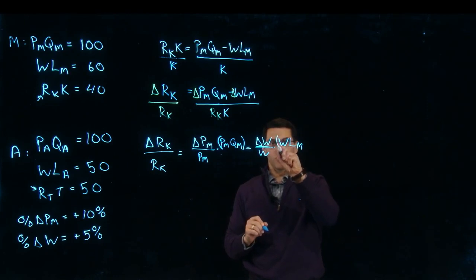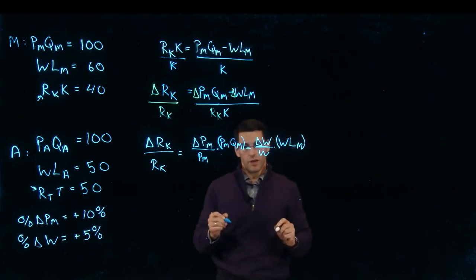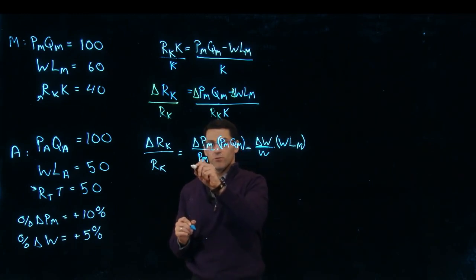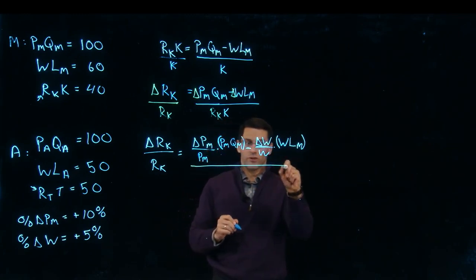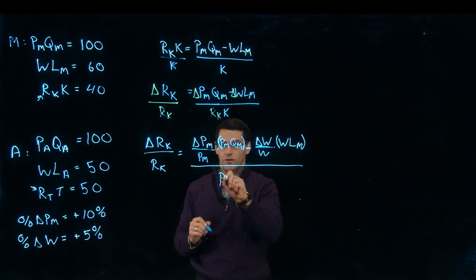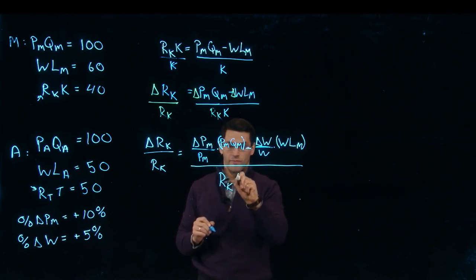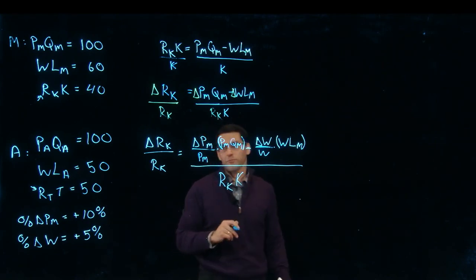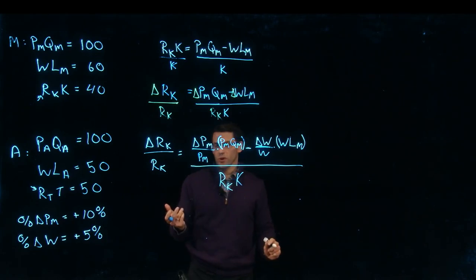So what is this expression, W times LM? That's total payments to labor. And we still have everything over RK times K.